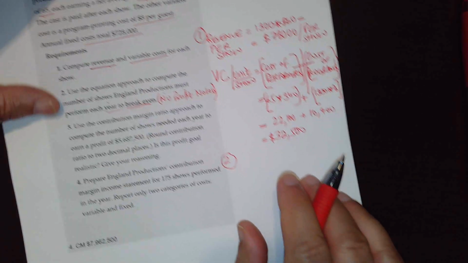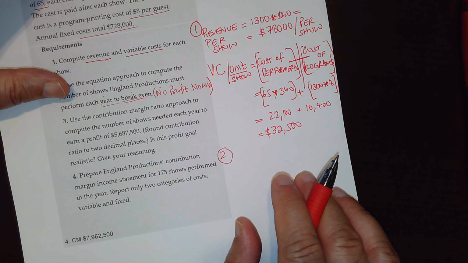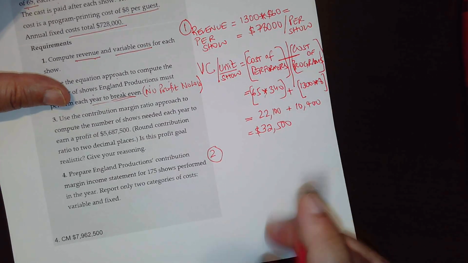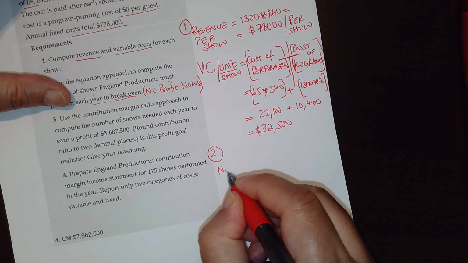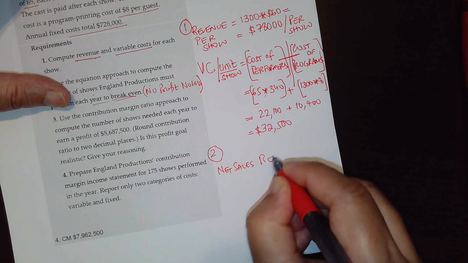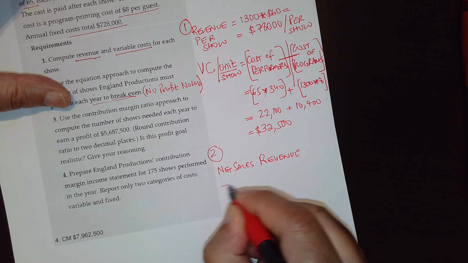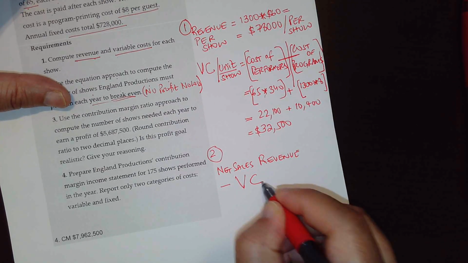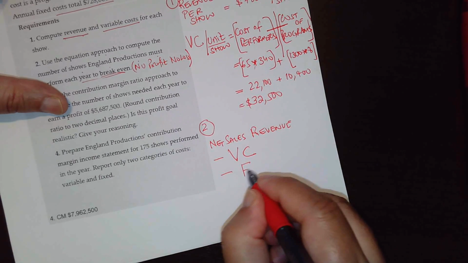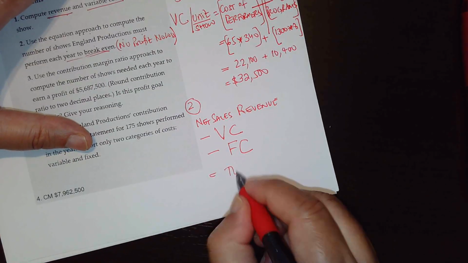All right. So the equation that we are familiar with is net sales revenue minus variable cost minus fixed cost equals total profit.